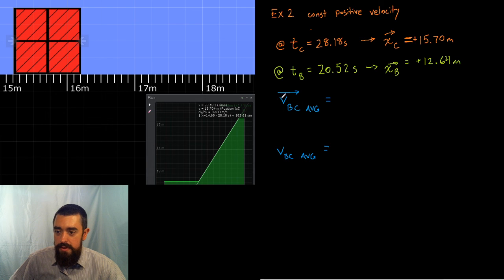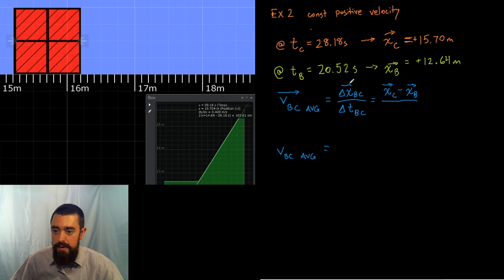We're going to do, for velocity, displacement, so delta x from B to C divided by the change in time from B to C. So really that's x_C minus x_B, the later position minus the earlier position. Let's put an arrow over displacement. And we've got time C minus time B. Okay, so now we have to subtract.